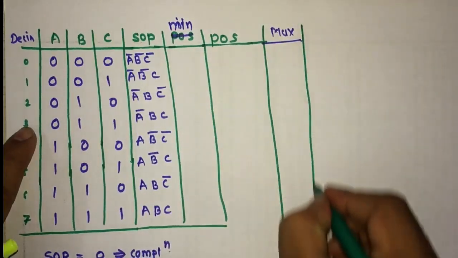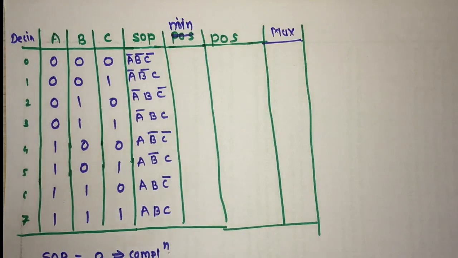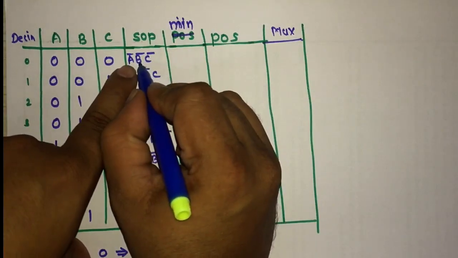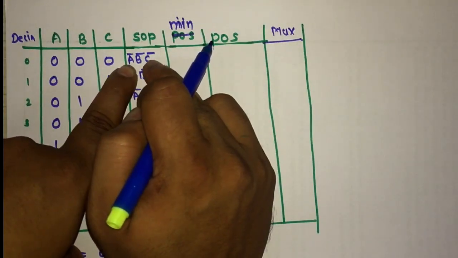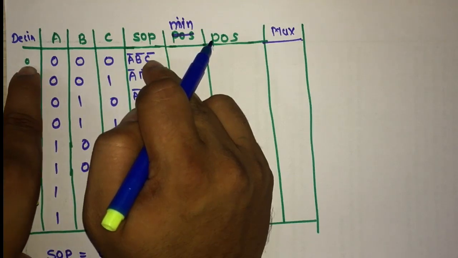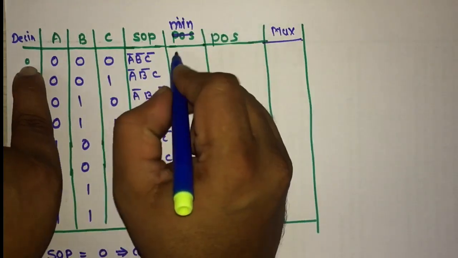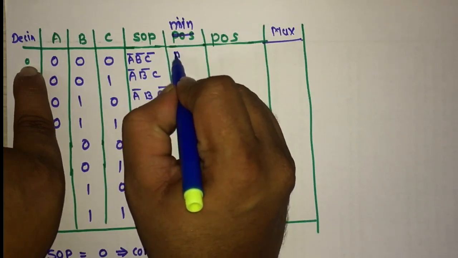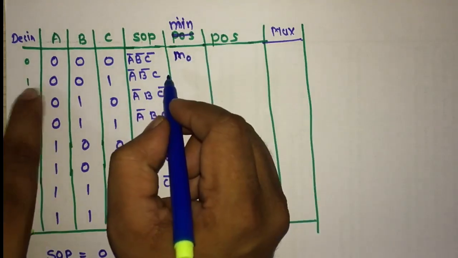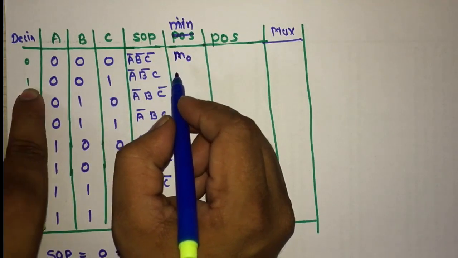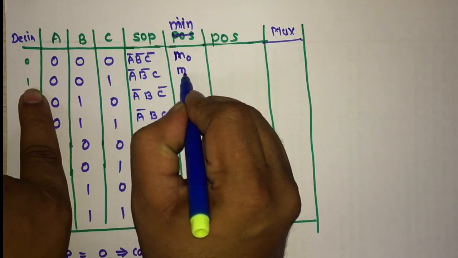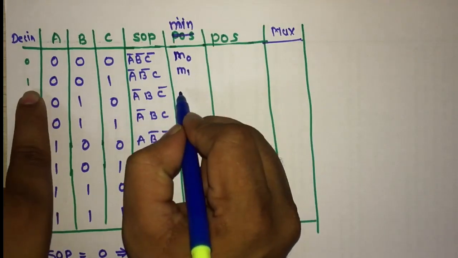Okay, now this term is for decimal number 0, so this min term will be indicated as small m0. This term is for decimal number 1, so it is indicated as m suffix 1.